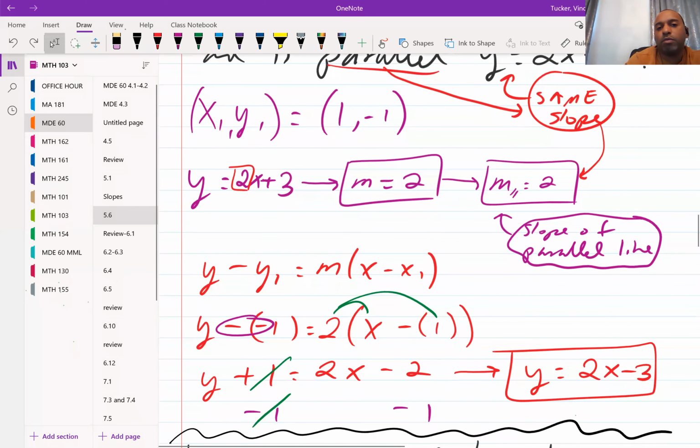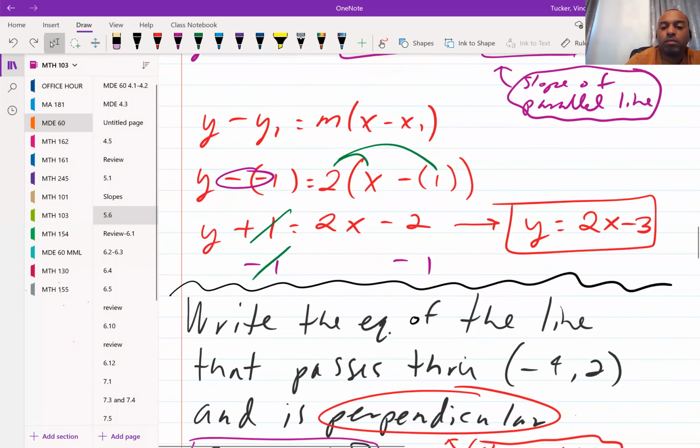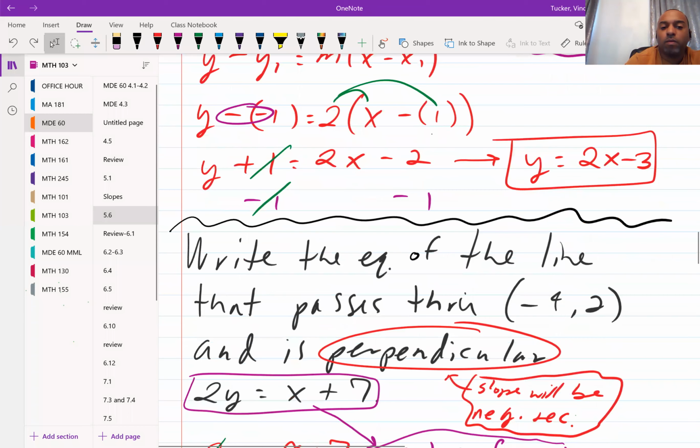Is everybody okay with this one before we move on? All right, next one: write an equation of a line that passes through (-4, 2) and is perpendicular to 2y equals x plus 7.